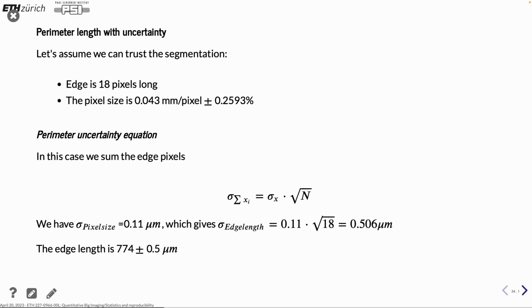So that gives us the uncertainty in our measured length of half a micron out of these 18 pixels. So this would then be our estimated length of this object. So the length is, I took the 18 pixels times 43 microns, and then I got to this value.